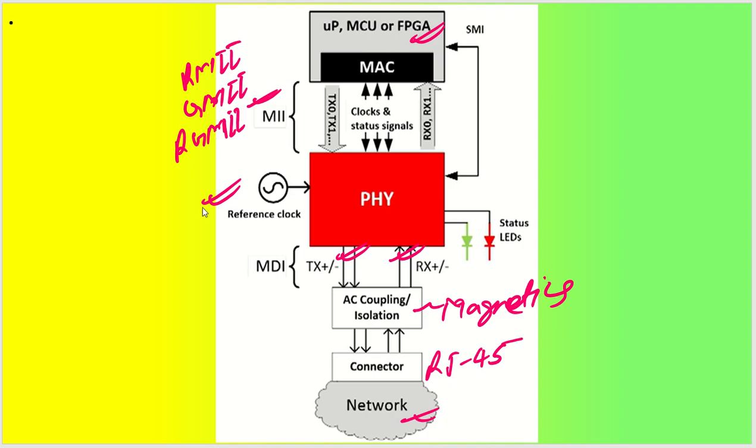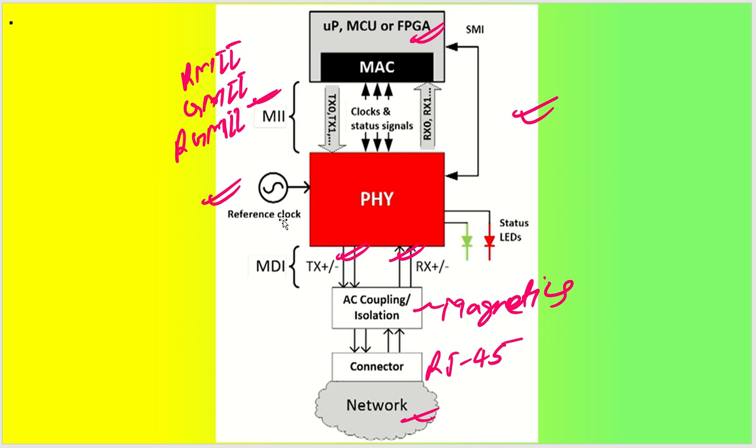If we talk about the complete connection of the Ethernet PHY with the MAC and the network, as you can see, this was taken from Texas Instruments training, and they have made it very nicely. This is my Ethernet PHY IC, and the transmitter and receiver data lines are connected to the MAC, along with some control and status signals. All of this is called MII, your media independent interface, which has different categories like RMII and RGMII, as I just told you.